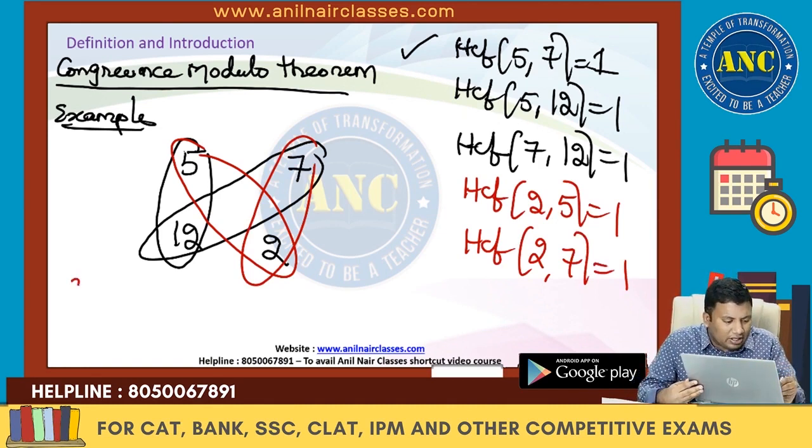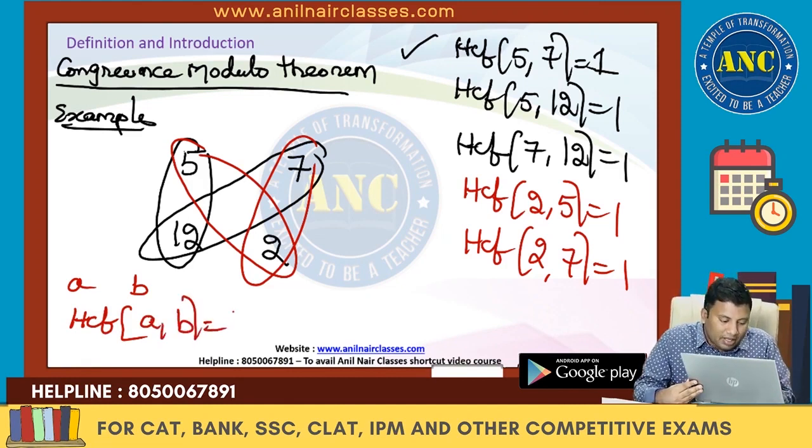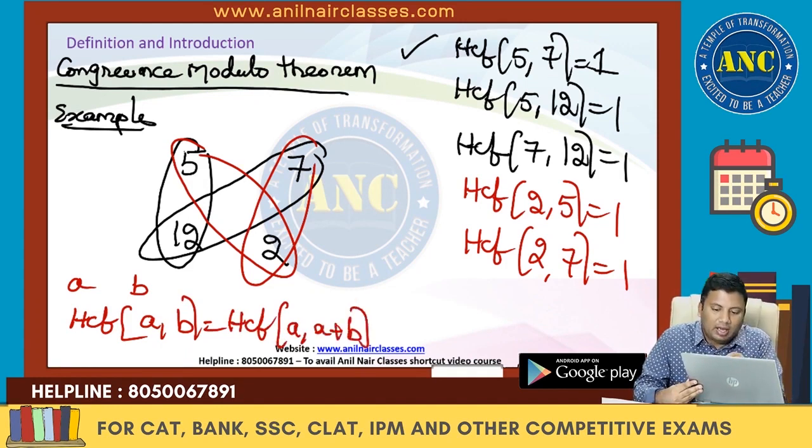If I take two numbers A and B, if both are congruent under some property, here the example is both are congruent under coprimes, and the HCF of A comma B is some value, it is also equivalent to HCF of A comma A plus B. Am I right?